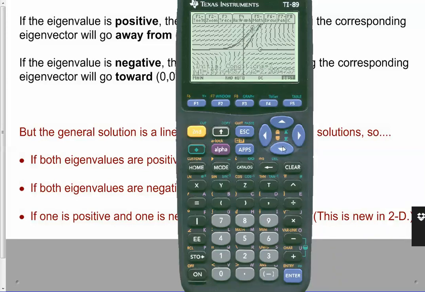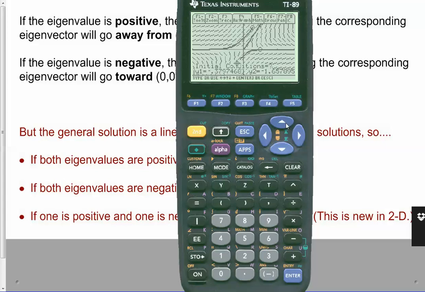Let me do it one more time. If I were to start down here and a little bit to the left, but not quite on the line, it goes in, but then it curves out. So we get all these swooping lines that come in from up here and then go away out this way, or they go in this way. Let me do one more.